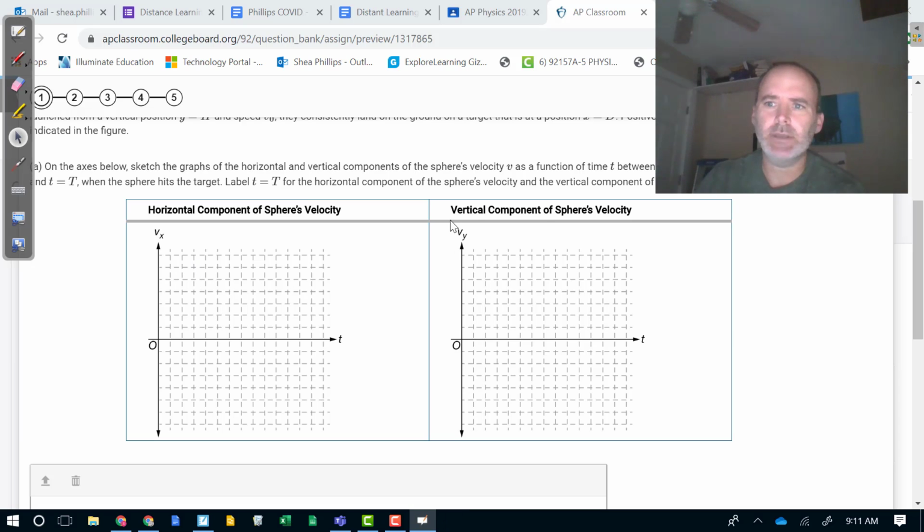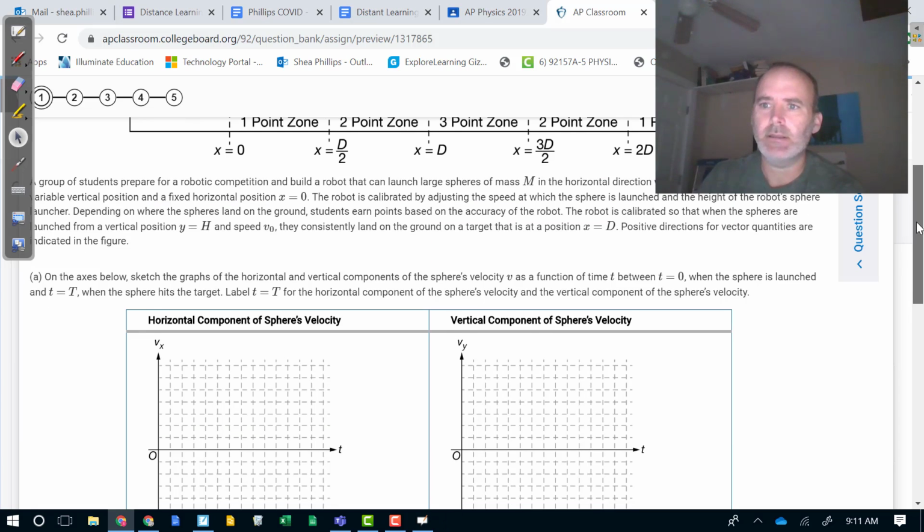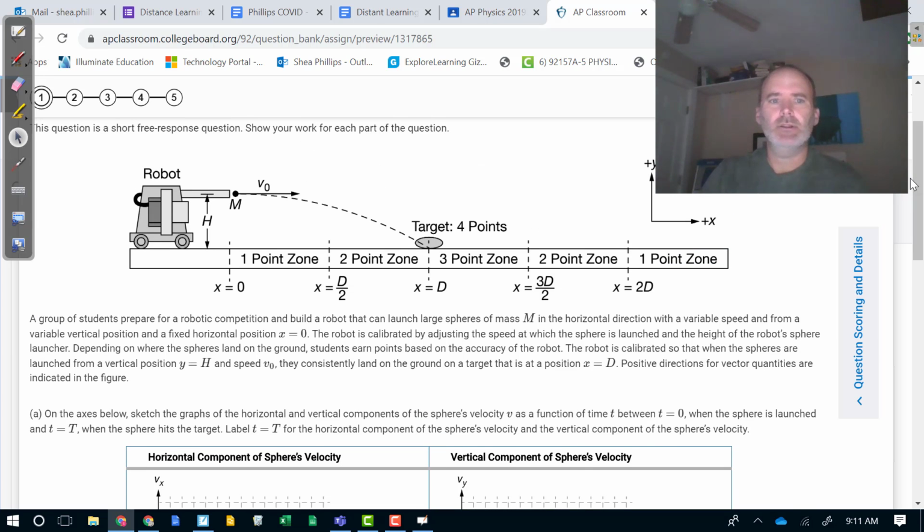So if you look at this, no matter what, it's always going to have the same horizontal velocity. At any point here, it will always have the same v0x. It doesn't change because there's no acceleration in the x direction, and we're saying that there's no air resistance.